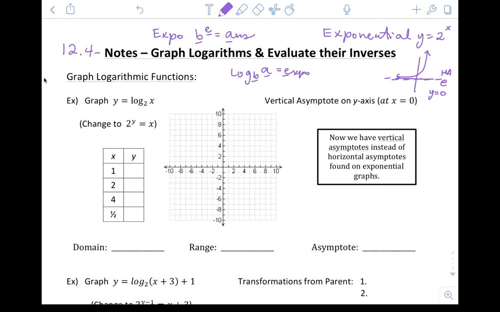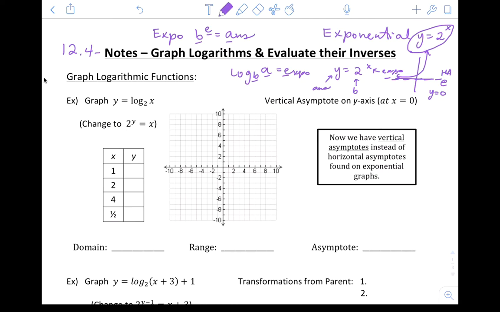So when you first notice converting from exponential to logarithmic form, y equals 2 to the x, the base is 2. Remember, exponential is BEA. The x is the exponent, and y is the answer.